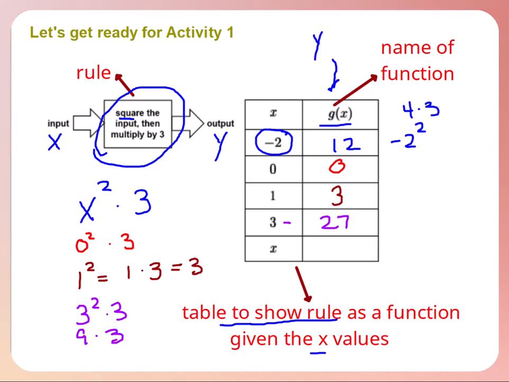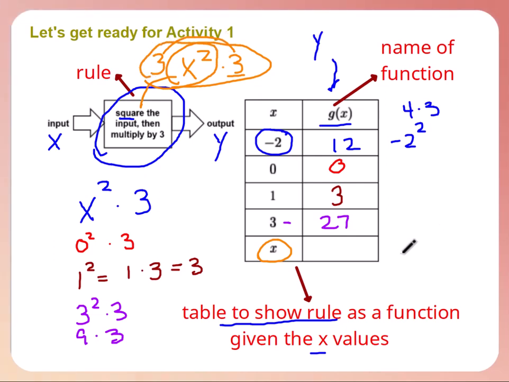Then lastly, we have x. We're going to do the same thing. We're going to take x, square it, and then multiply by 3. Now we can write it this way, but we typically take that constant and put it up in the front. And we write it as 3x squared.